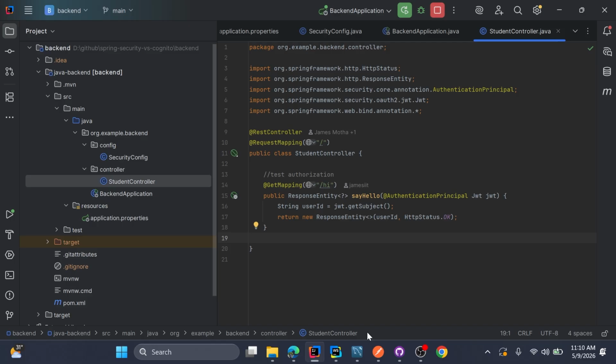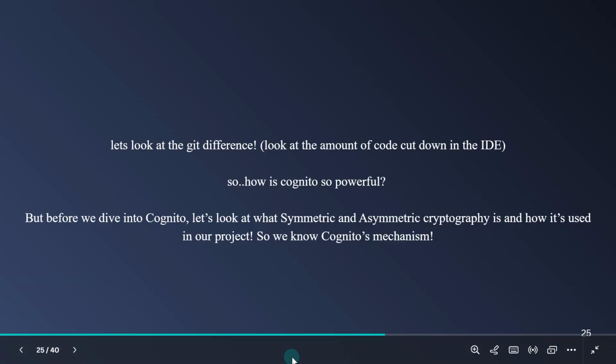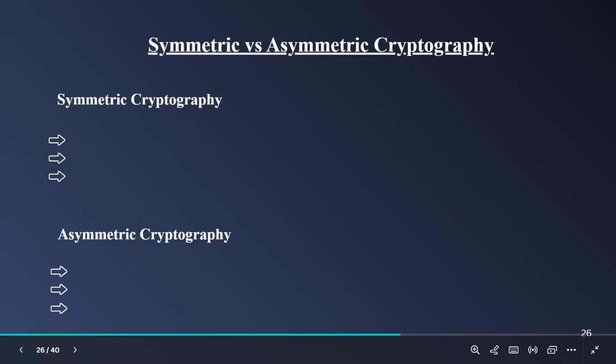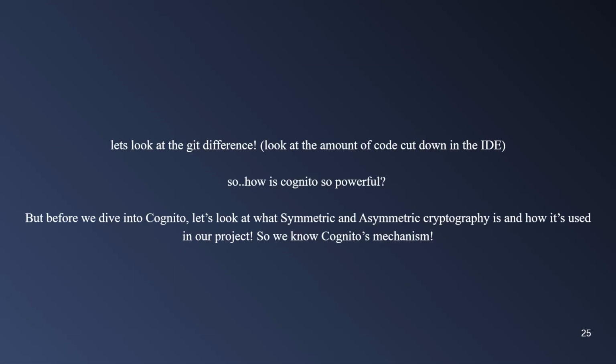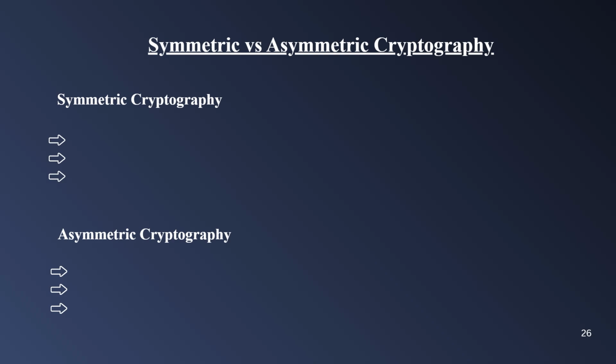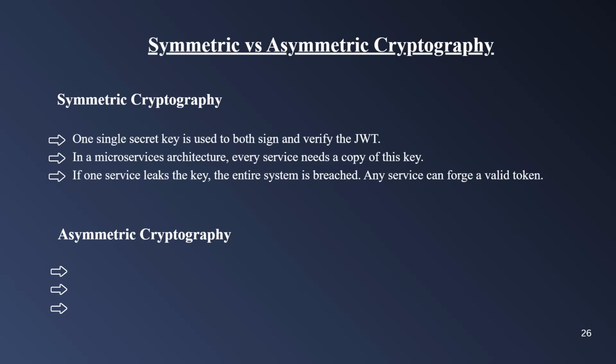Yes, exactly. So before I actually get into Cognito, maybe let's talk about symmetric and asymmetric cryptography, just to remember these concepts. What we did, our manual authentication, that was entirely symmetric cryptography, right?